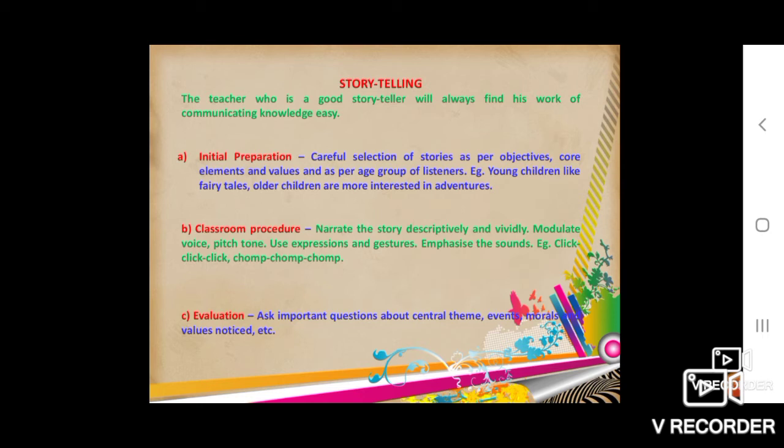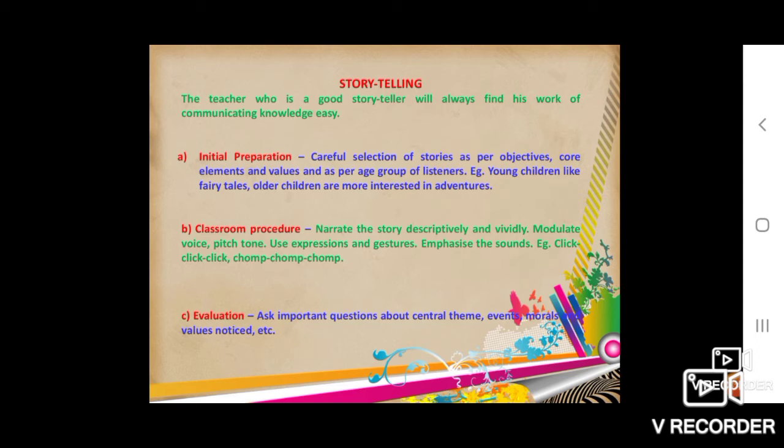As per the need of the story, somewhere you have to emphasize the sound. For example, click, click, click, chomp, chomp, chomp. Before this, you will have to consider the age group of the students, so that this classroom procedure will definitely help you present your technique of storytelling in the classes.